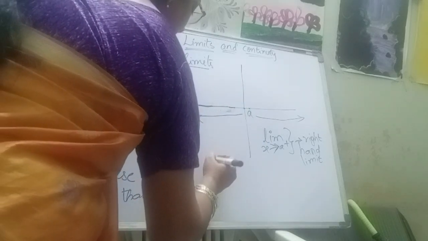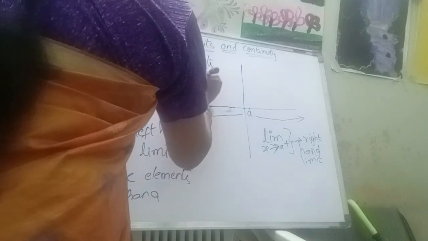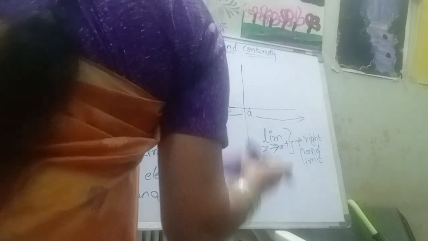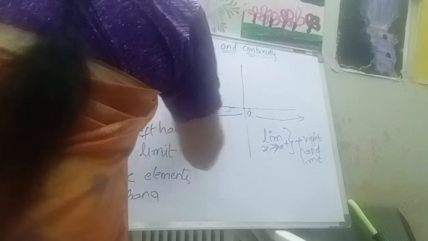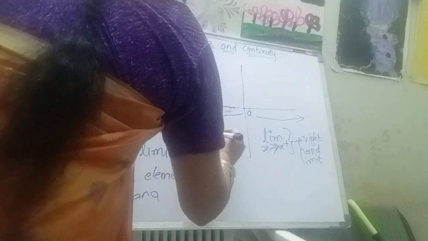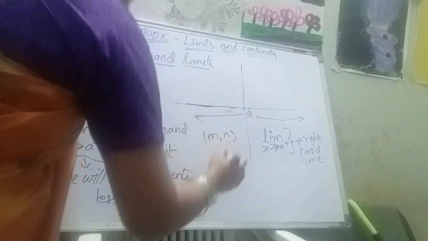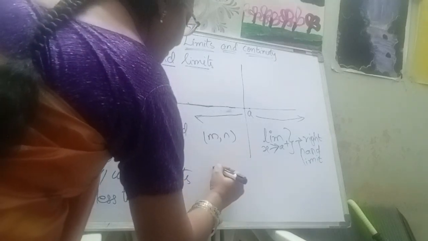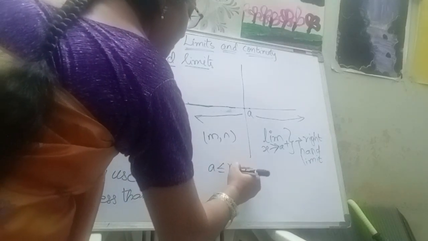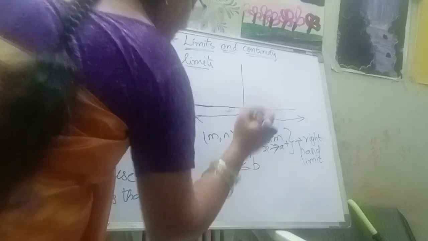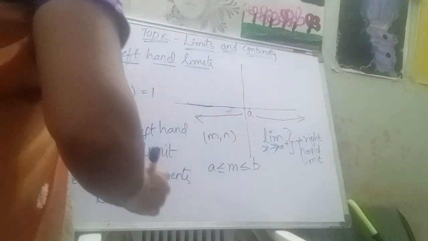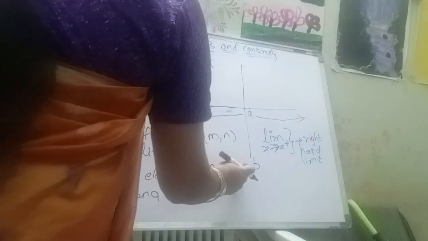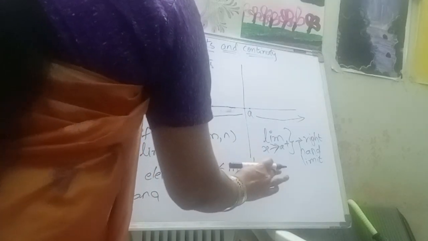Say for example, you take some elements m comma n. They will be a less than or equal to m less than or equal to b, if it is given.